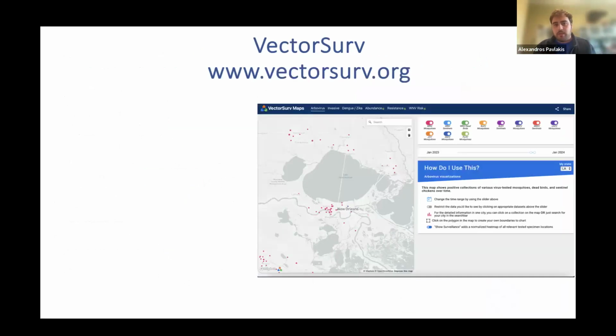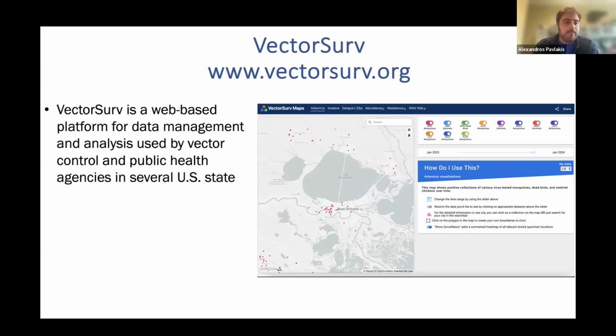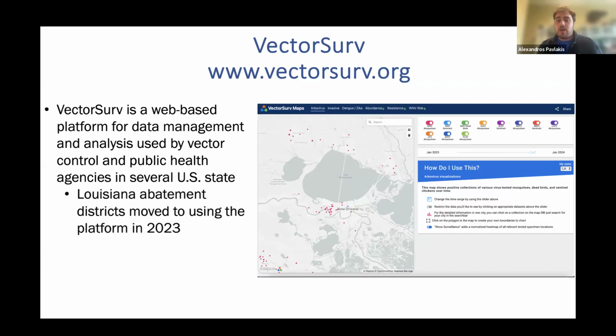And so one of the tools that I want to highlight for anyone that doesn't know about it is VectorServe. VectorServe is a web-based platform for data management and analysis used by vector control agencies and public health agencies in several US states. So it's not used nationwide yet, but Louisiana just joined in using the platform in 2023.